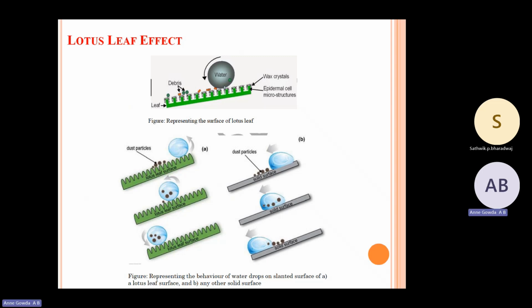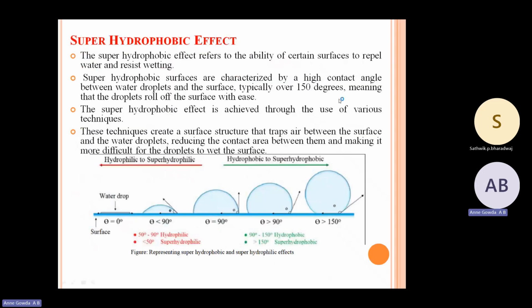So that is the super hydrophobic effect, which mimics the effect of the lotus leaf. These super hydrophobic surfaces are coated with certain chemicals, so that if any water, oil, or any liquid falls on that surface, it rolls off very easily, and it also cleans those surfaces automatically.